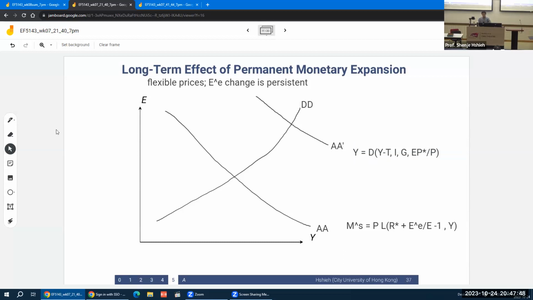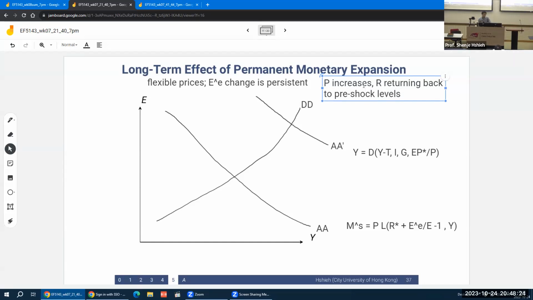Alrighty, so what happens from the short term to long term? Between the short term and long term, prices increase, P increases, right? And R returns back to pre-shock levels, right?